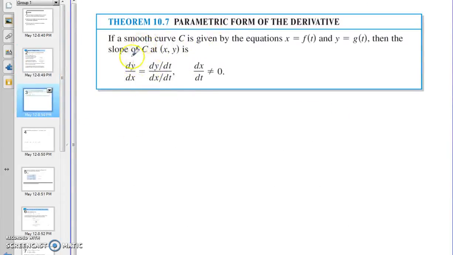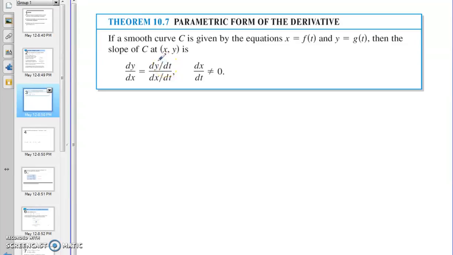It's our derivative dy/dx, which now has a different form than what we've seen before. It's given by dy/dt over dx/dt. So we're looking at these with respect to t now instead of with respect to x. We've seen this before as part of the chain rule.